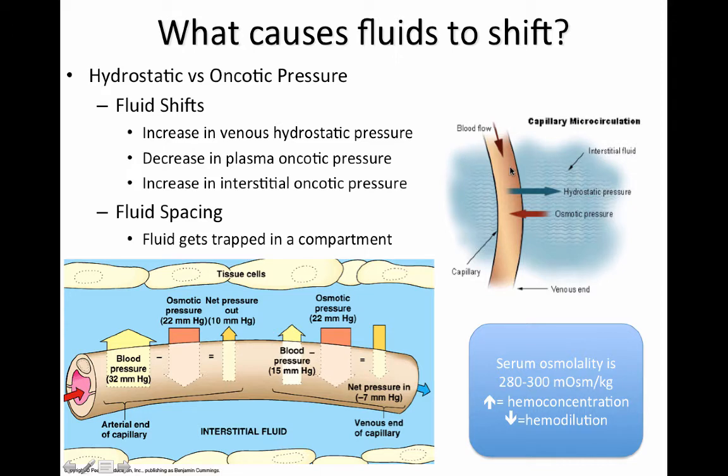As blood flows through the capillaries, or through these vessels, you wind up with opposing forces. Hydrostatic pressure is going to push water against these vessel walls and potentially push it into the interstitial space.